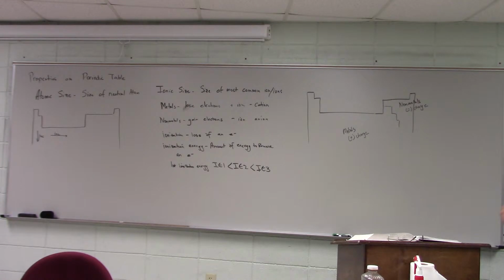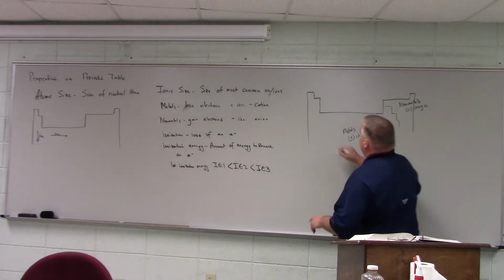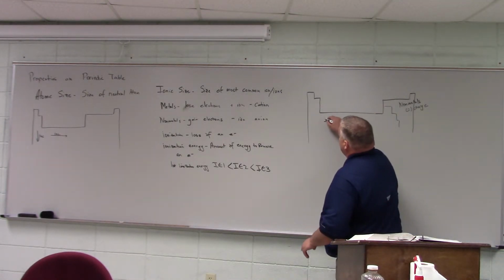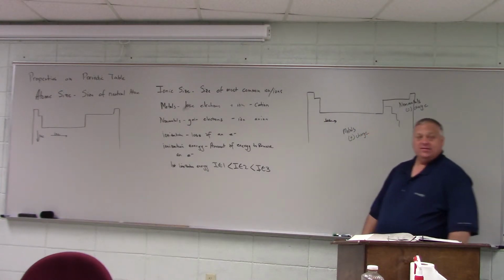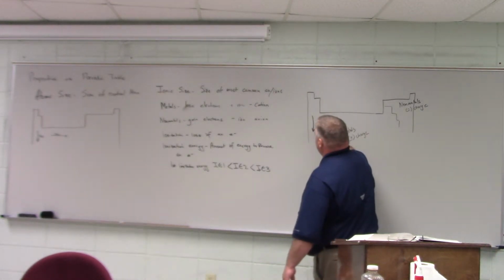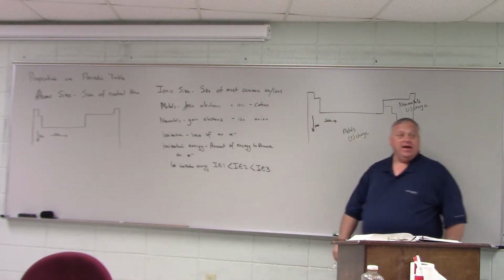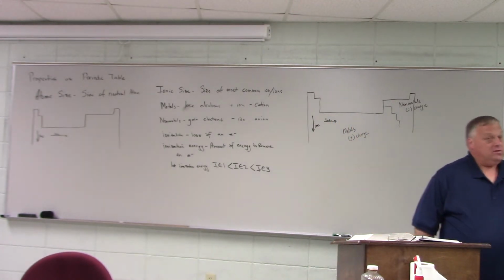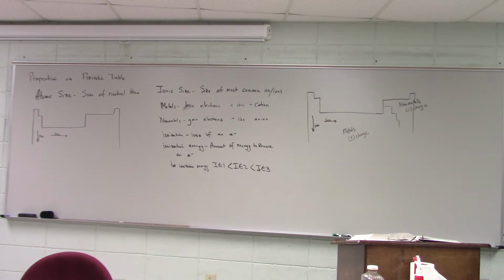So if we're looking at it in this way, it's going to increase in size in that direction for ionic size, and it's going to increase in size for that direction. So if we're just looking at ionic size, it's going to increase as we go down, and it's increased from left to right.